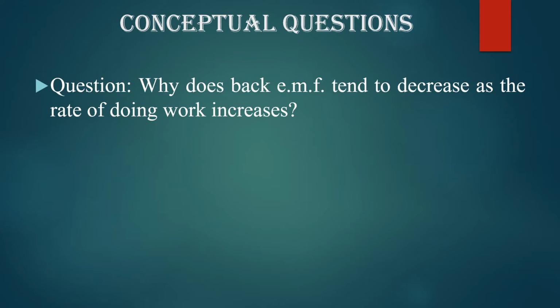From Faraday's law, the rate of change of magnetic flux is directly proportional to induced EMF, and here the induced EMF is back EMF. So when the rate of change of magnetic flux decreases, back EMF also decreases.